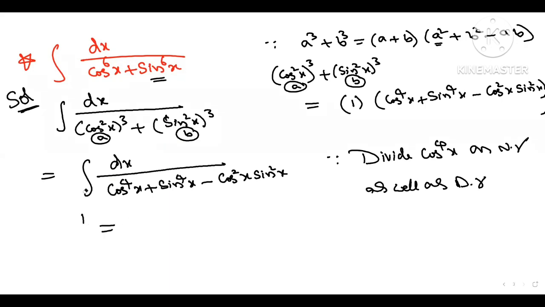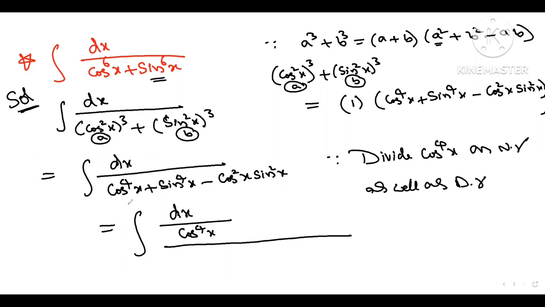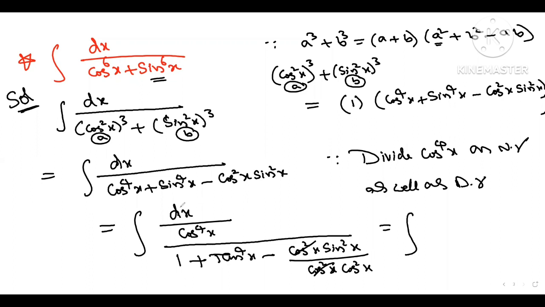Integral dx by cos to the power 4x by, here cos to the power 4 by cos to the power 4 is 1, sin to the power 4 by cos to the power 4 we get tan to the power 4x, and cos square x sin square x by cos to the power 4. Cos to the power 4 means cos square x into cos square x. Here cos square x cancels. What we get here? Integral 1 by cos to the power 4 is nothing but secant to the power 4x dx by 1 plus tan to the power 4x.